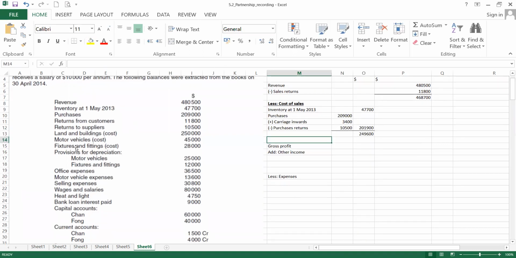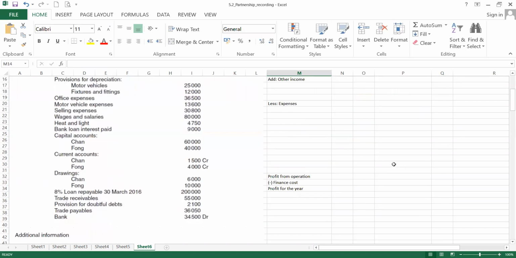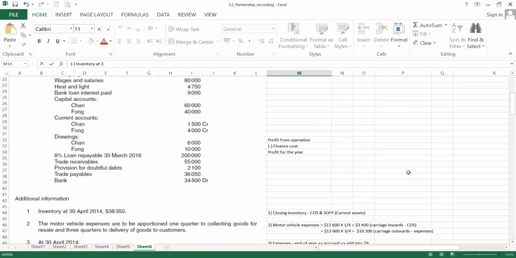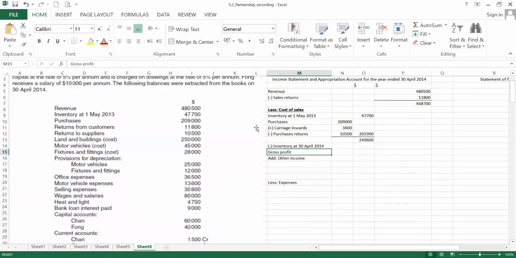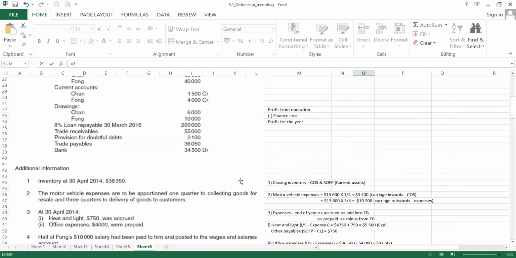The next item that we got to see, sometimes we have to check whether got any information. And this closing inventory have to put in minus, inventory at 30th April 2014. If you don't want to put minus plus, then can, but take notes, you must take how to calculate on it, just in case you don't want to put minus or plus.